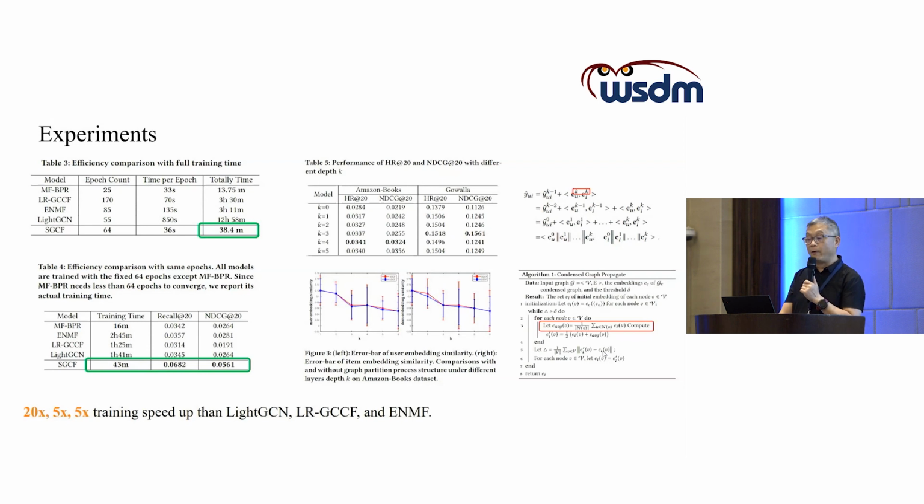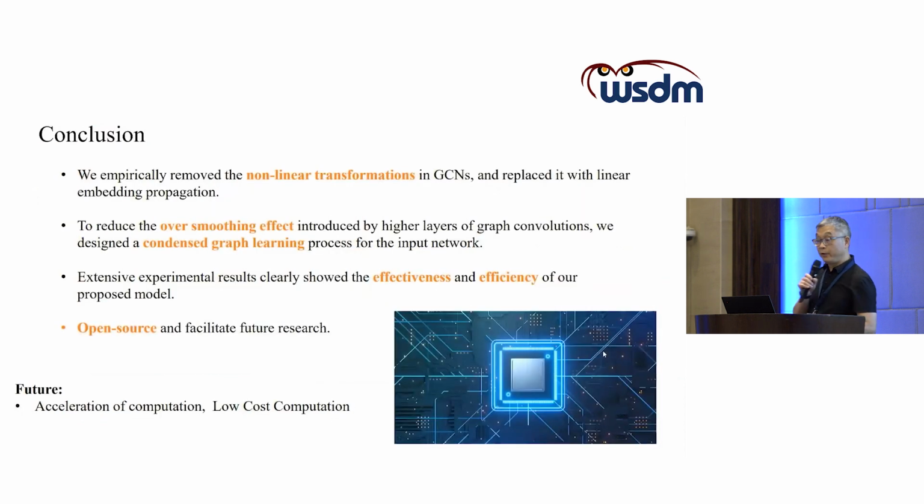We compare our approach with graph partition and without graph partition, one represented in red, another in blue. We can see that with the graph partition approach, the user and item embeddings exhibit a large difference compared to without partition. This result can partially validate our conclusion that our proposed approach can somehow overcome the over-smoothing problem.